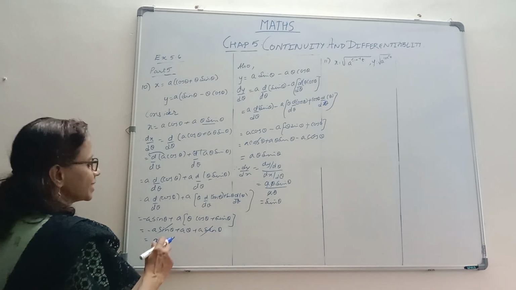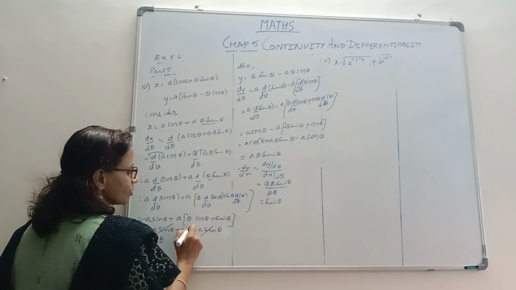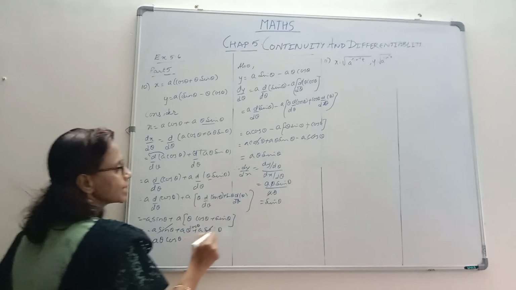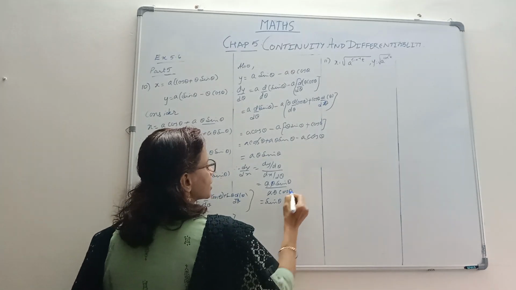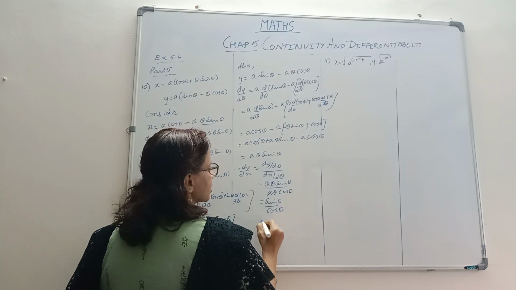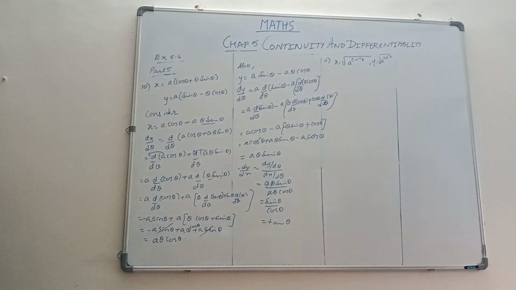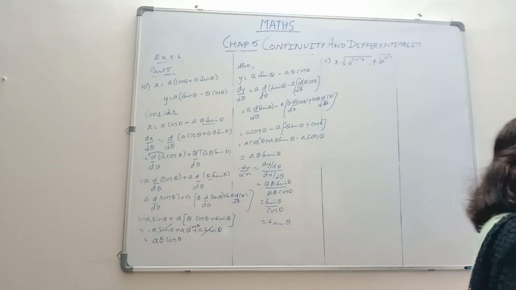Oh, yeah, see here, a theta cos theta. We missed it. Right, so that cos theta is there, sin theta by cos theta is tan theta. Right, so that's the answer. Answer becomes tan theta. That was, say, a better problem.